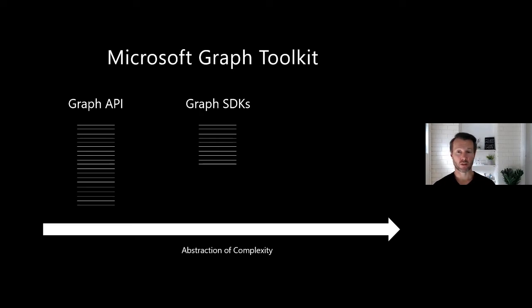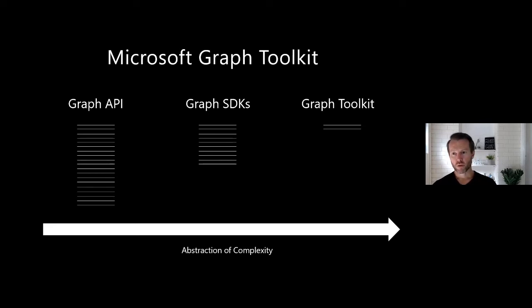So things like doing authentication for you, making the requests and handling the response and retries if something goes wrong with connectivity, are all packaged up into the Graph SDKs. So the idea is that if you want to make a call to the Graph, doing it with the Graph SDKs, you could do it in much fewer lines of code. They've been out for several years now.